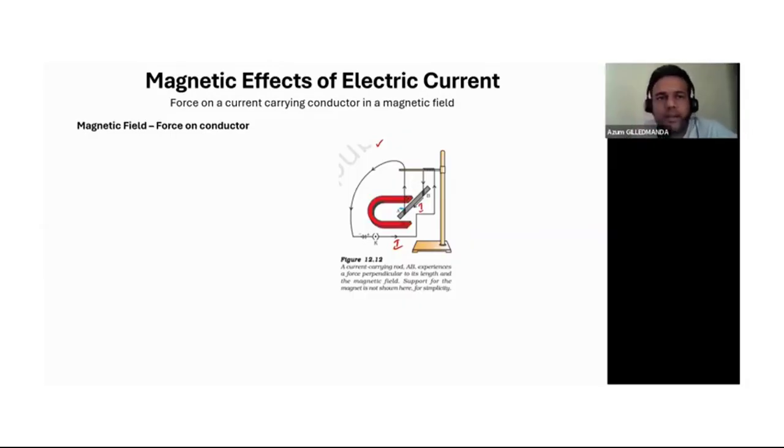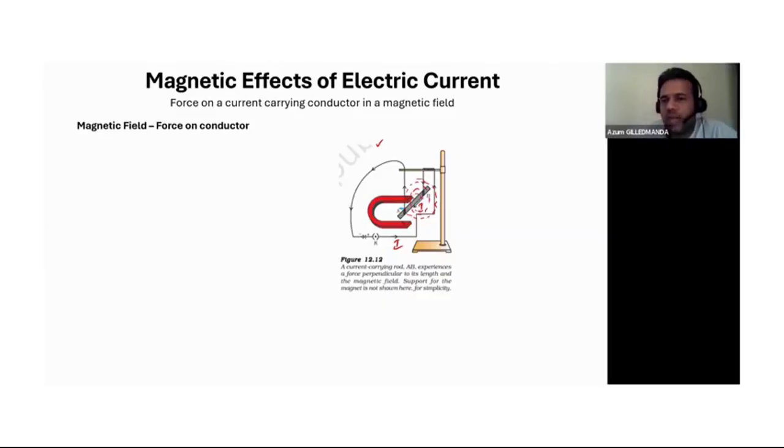So when the current is flowing from B to A, as per our earlier learning, a magnetic field is produced surrounding that rod AB. Here, the magnetic field is produced like this. You agree? So this is how the magnetic field is produced around that current carrying rod.